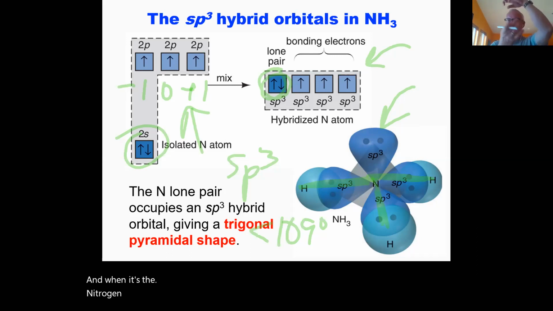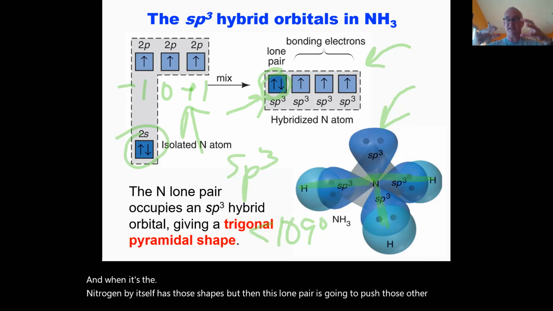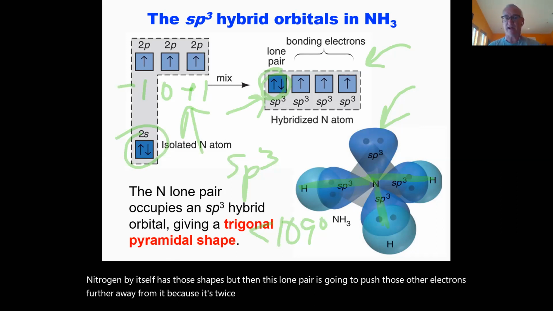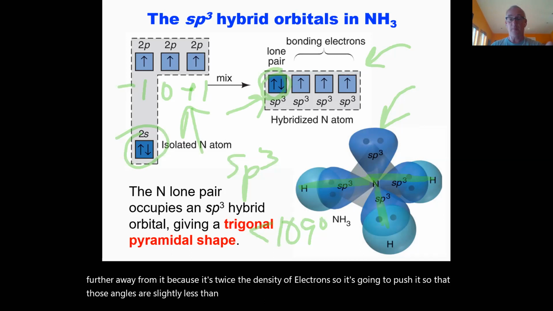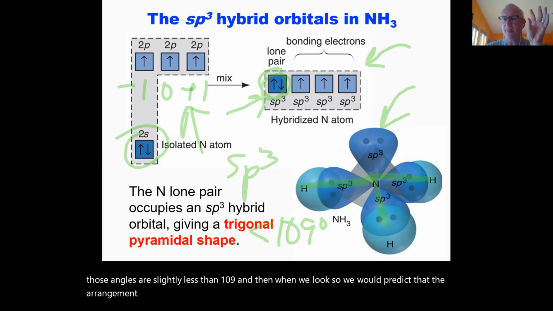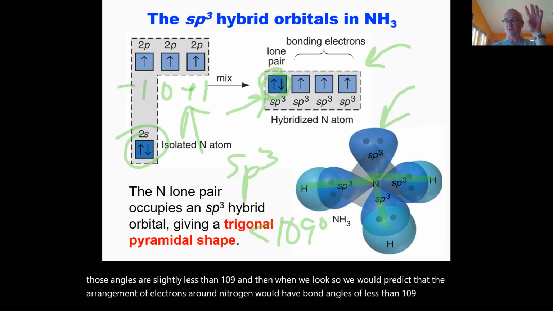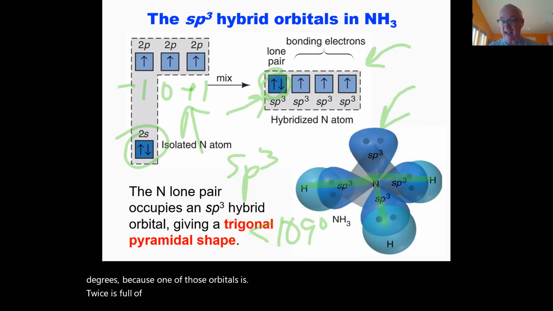Nitrogen by itself has those shapes, but then this lone pair is going to push those other electrons further away from it because it's twice the density of electrons. So it's going to push it so that those angles are slightly less than 109. So we would predict that the arrangement of electrons around nitrogen would have bond angles of less than 109 degrees because one of those orbitals is twice as full of electrons as the other three, and that's exactly what we see. So it describes it extremely well.